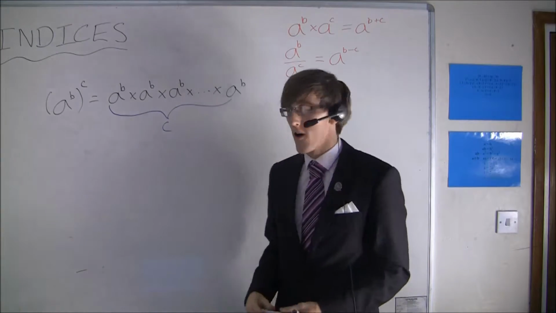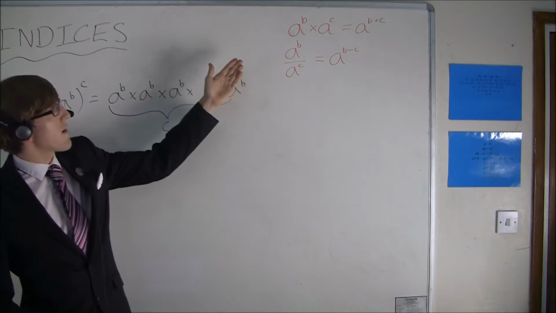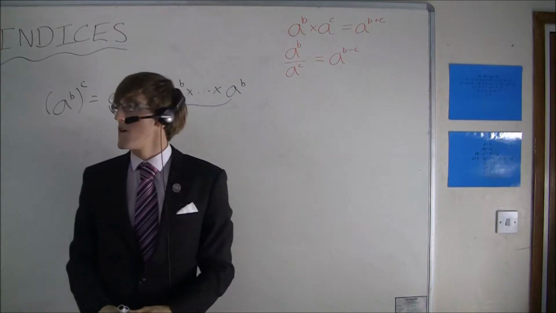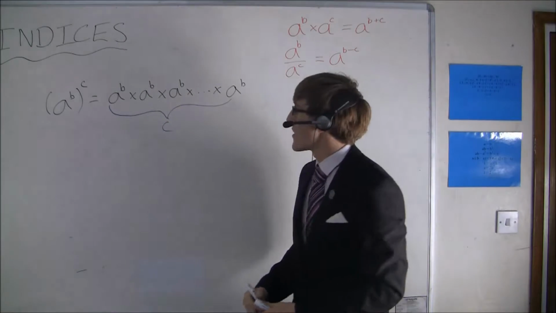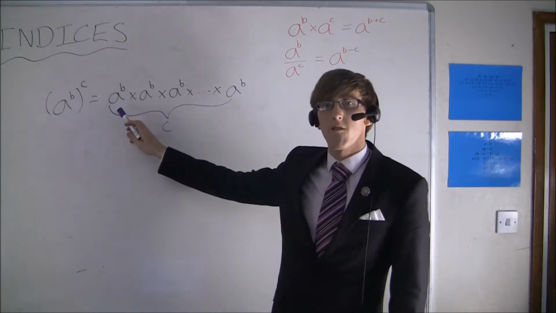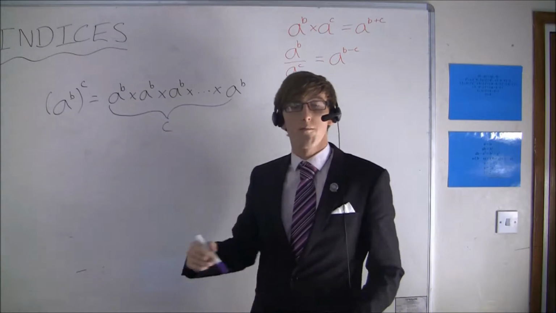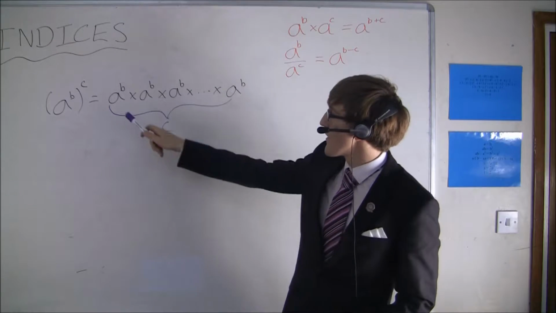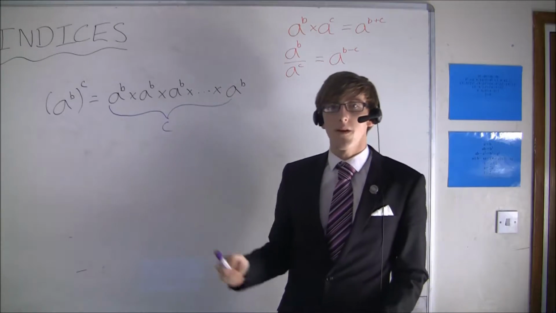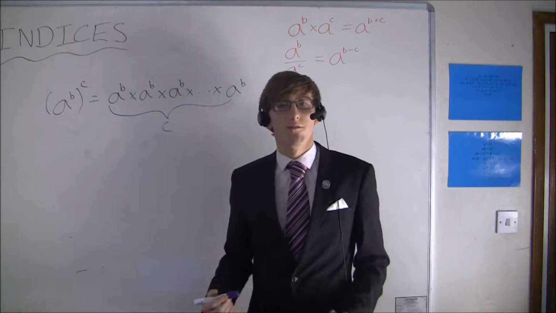And if we look at our first rule of indices, which is up here, a to the power of b times a to the power of c equals a to the power of b plus c. So, if we had a to the power of b times a to the power of b, then that would be a to the power of b plus b, which is a to the power of 2b. If we have 3 of these multiplied together, it'd be a to the power of 3b. 4 of them, a to the power of 4b.